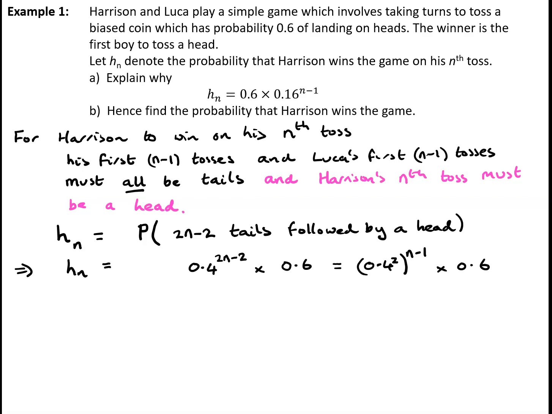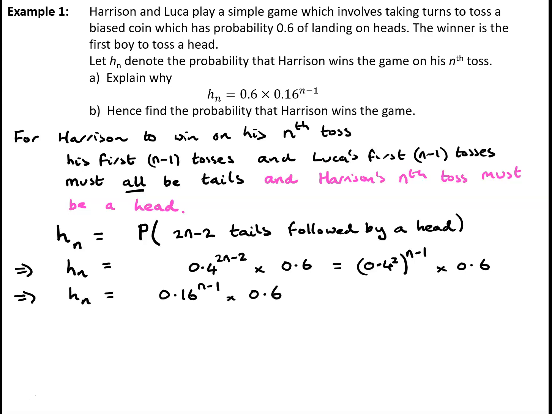0.4 to the 2n minus 2. Well, we've got a common factor of 2 in the power, so we can say that 0.4 to the 2n minus 2 is the same thing as 0.4 squared all to the power n minus 1. So we can rewrite Hn as being 0.4 squared to the power n minus 1 times 0.6.